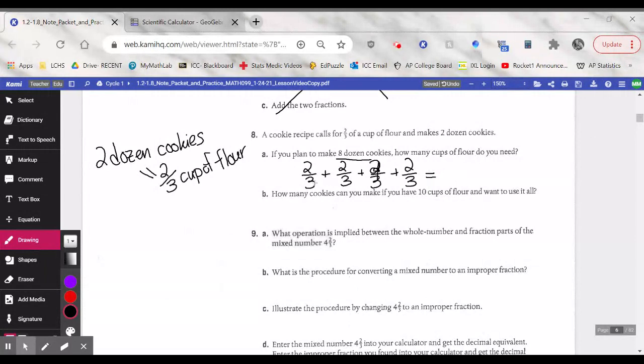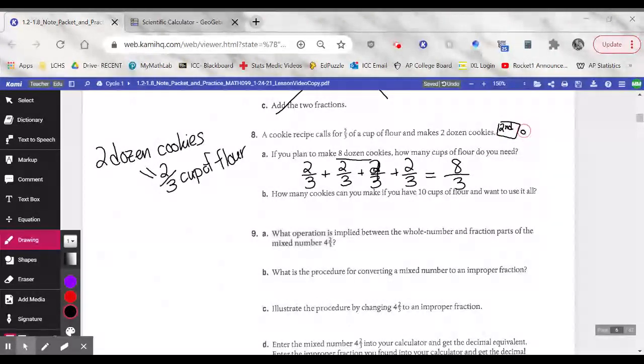Now with that, all of the denominators are the same. So you're just going to have 3 on the bottom, and you can just add the numerators. So 2 plus 2 plus 2 plus 2 is 8. If you want to change this to a mixed number, you can use the second or shift button.